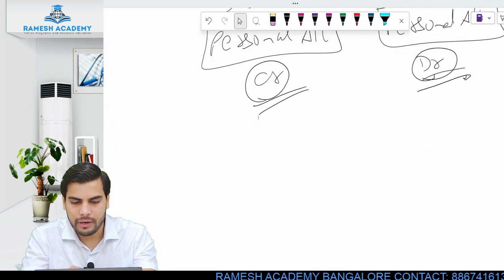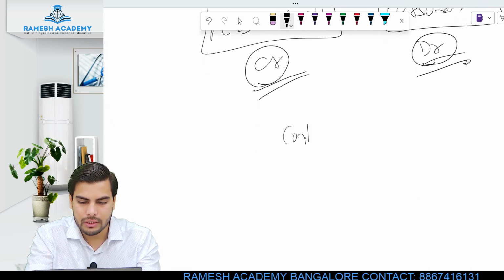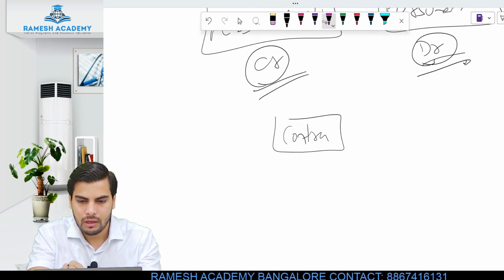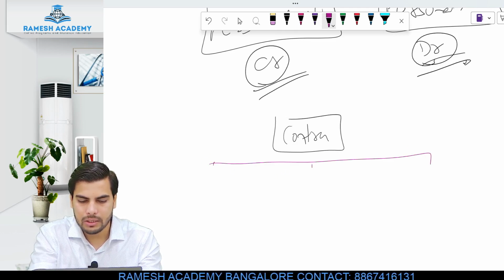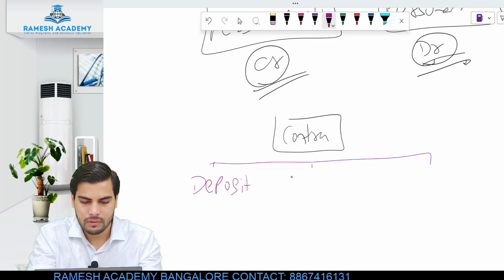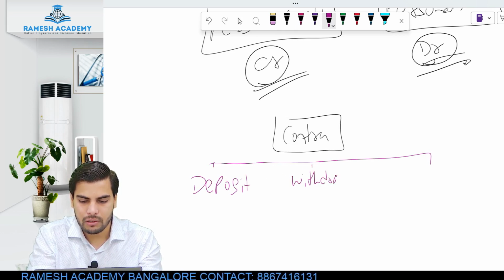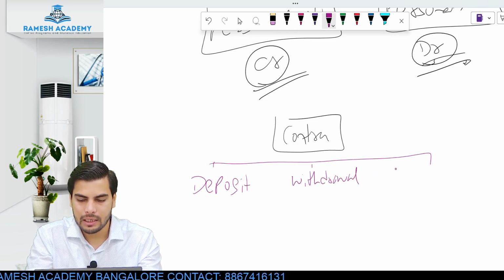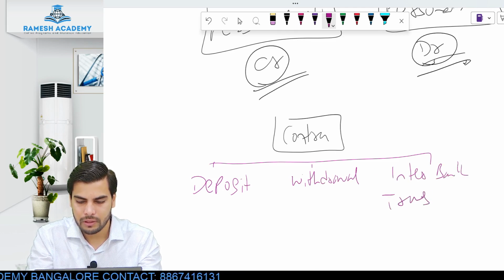Contra entries mainly comprise three things. One is deposit of cash, another is withdrawal, and the last is interbank transfer.